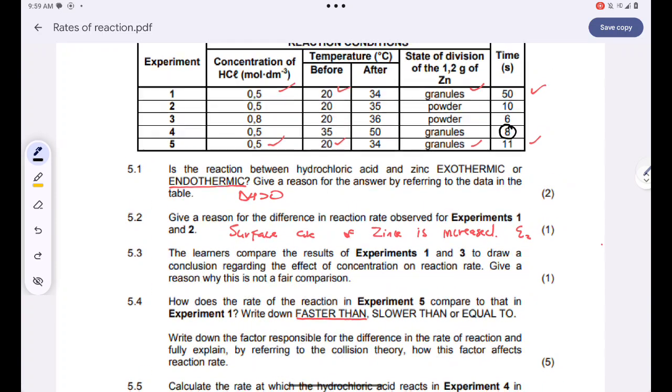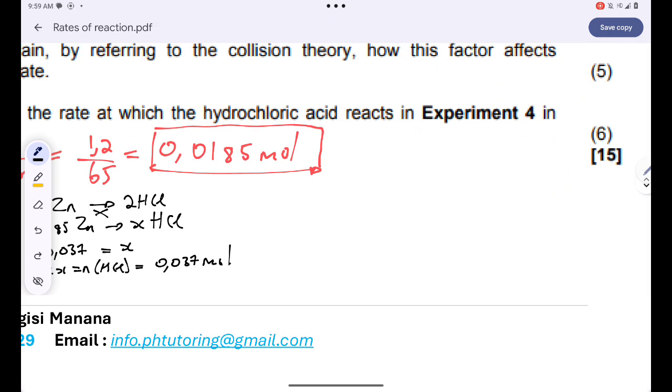Now for me to find the rate of reaction, experiment 4 reached completion in 8 seconds. So for me to find the rate of reaction, I just need to say the change in the number of moles of HCl all over the change in time. The number of moles that will be used up for my hydrochloric acid is 0.037, all over the change in time, that's 8.